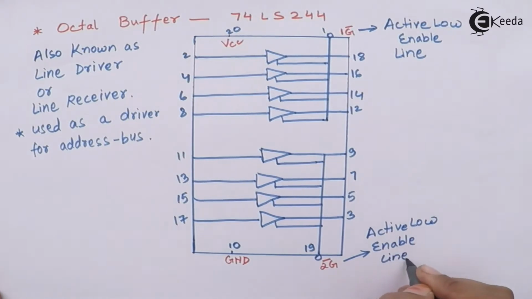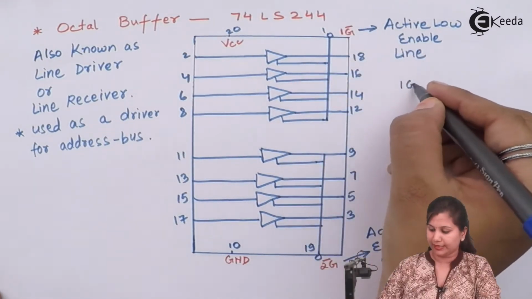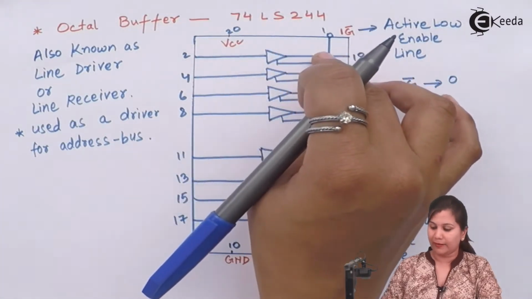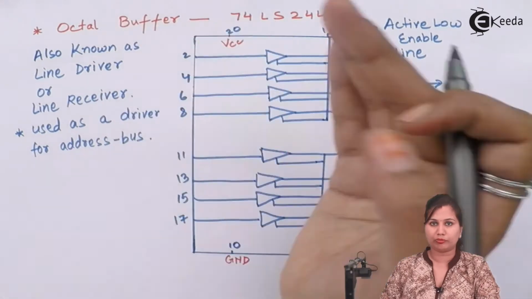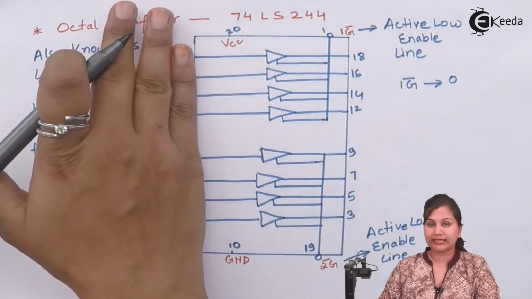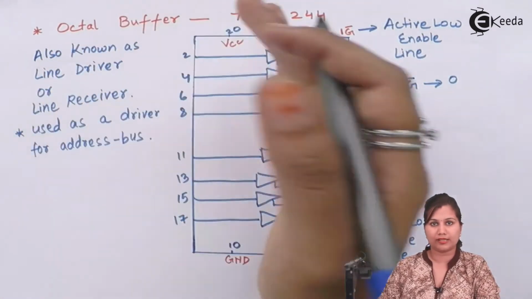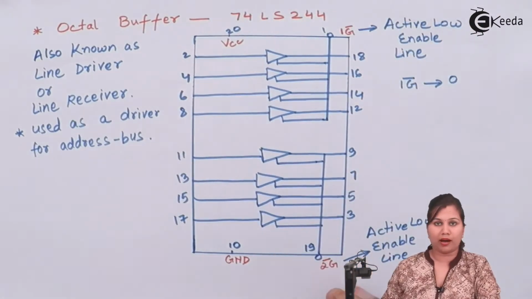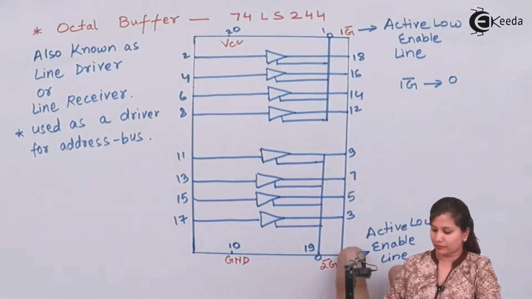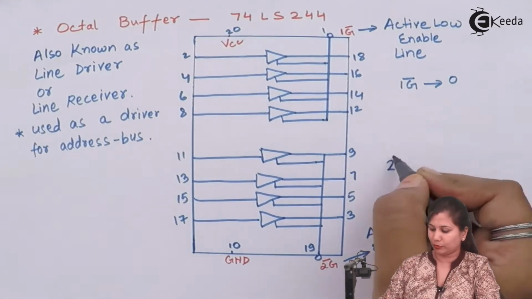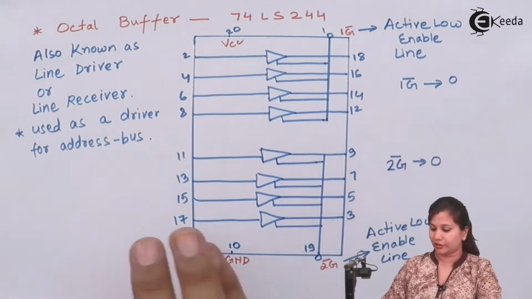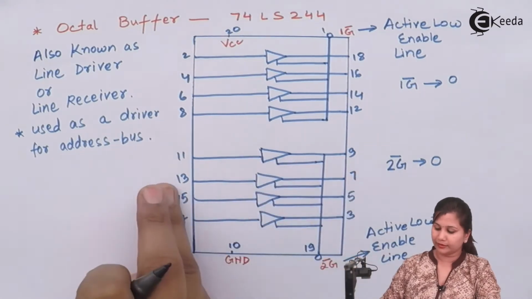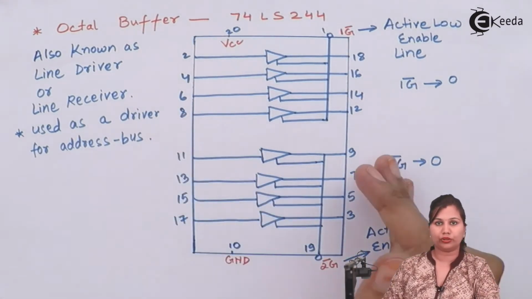It means that when this 1G bar line is 0, these 4 buffers will be activated, so whatever the input is, the output will be the same, or we can say that the input data bit is transferred to the output. And if this 2G bar line is 0, it is activated, then the lower 4 buffers will be activated and the input data bit will be transferred to the output.